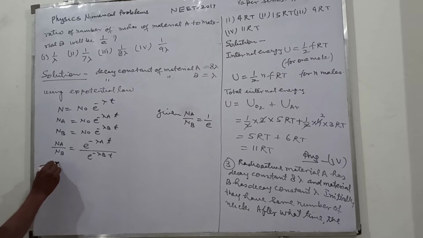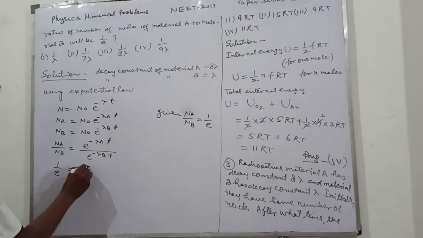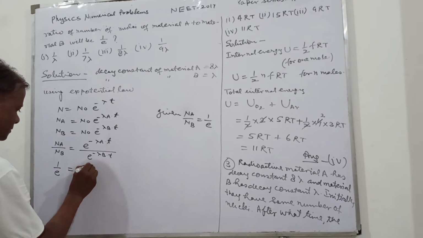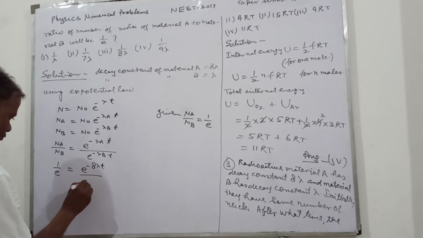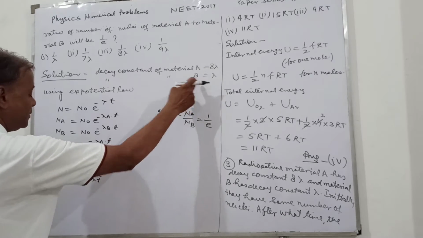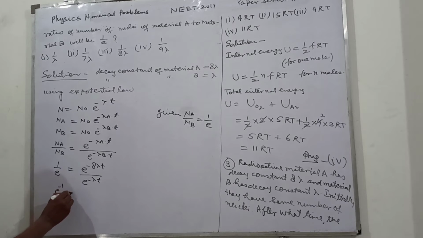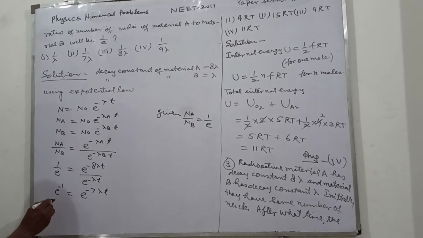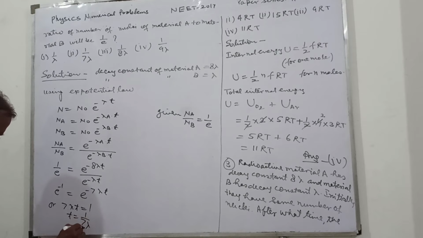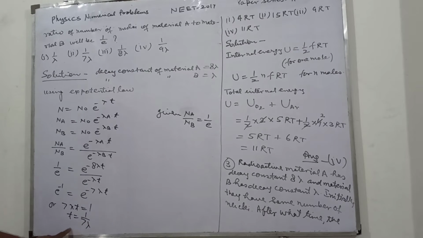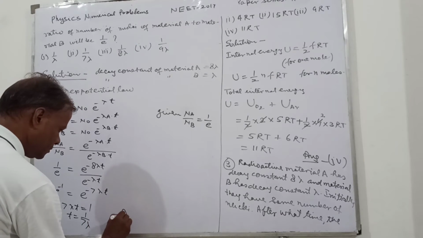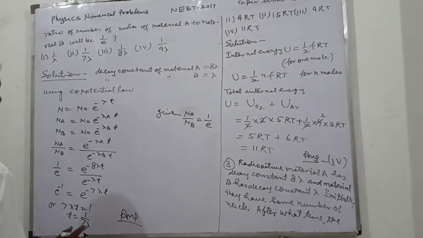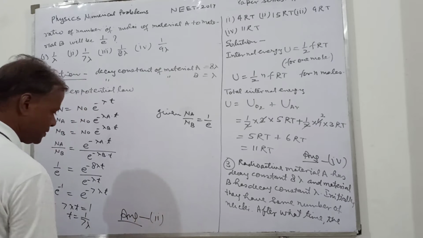So 1 by e equals e to the power minus 8 lambda t upon e to the power minus lambda t, which is e to the power minus 7 lambda t. So 7 lambda t equals 1, or t equals 1 upon 7 lambda. So our answer will be 1 upon 7 lambda. This is the second option.